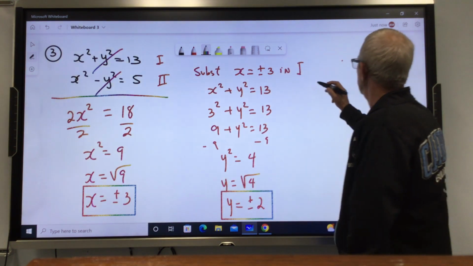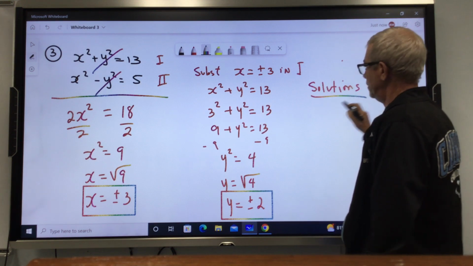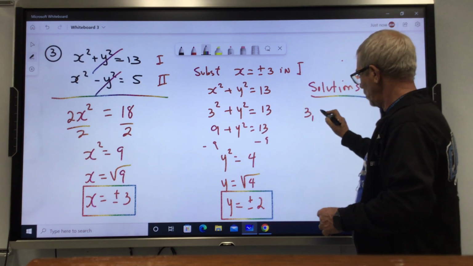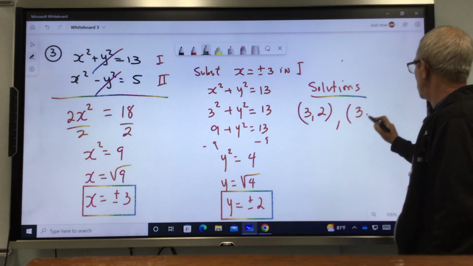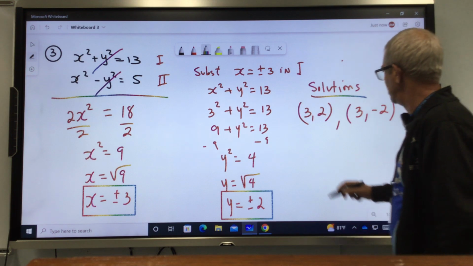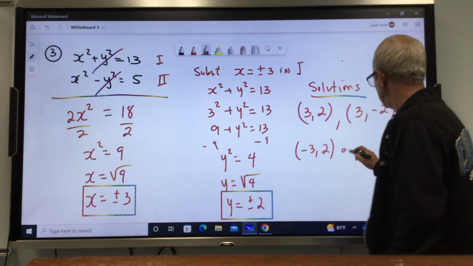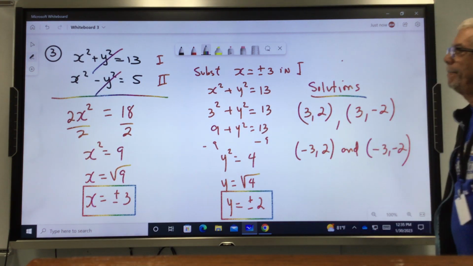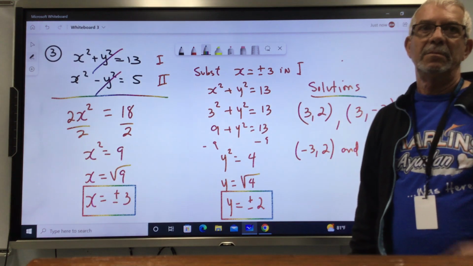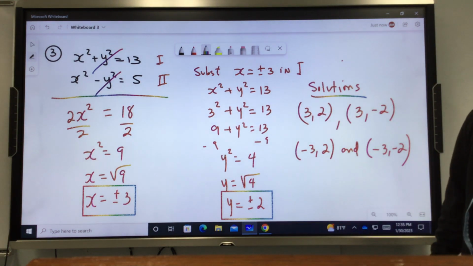Then the four possible solutions are 3, 2; 3, negative 2; negative 3, 2; and negative 3, negative 2. Okay? Any question, any problem?